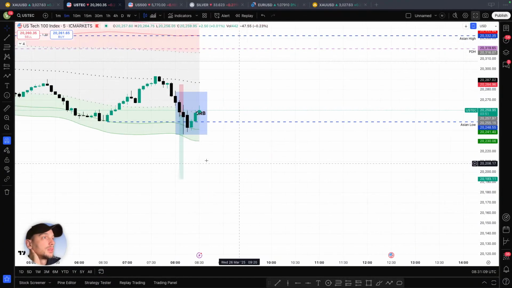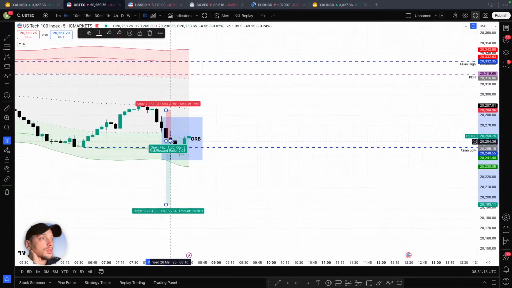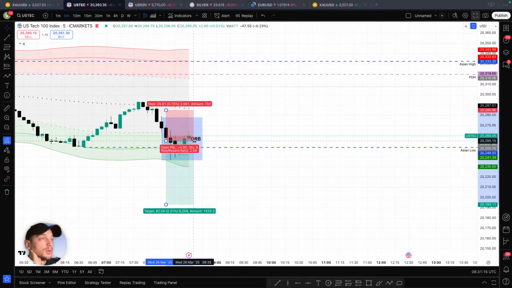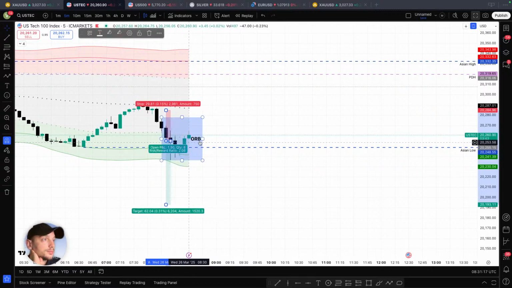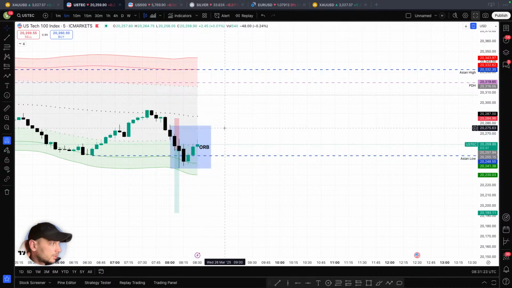Nasdaq is still in range, so we did good that we went to break even. We still might get a chance if it breaks above for an entry.